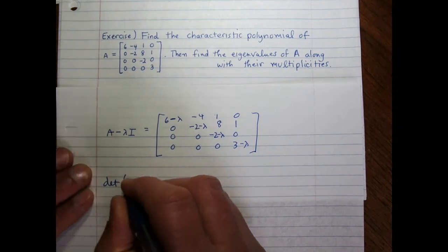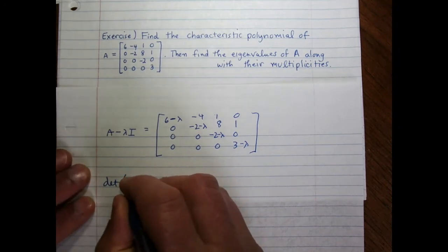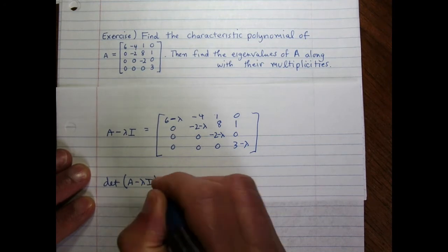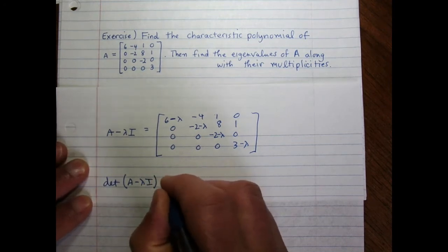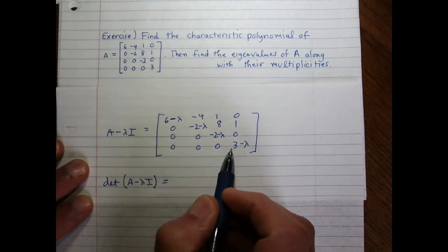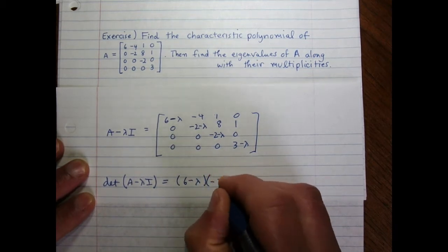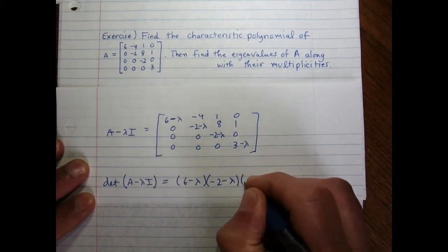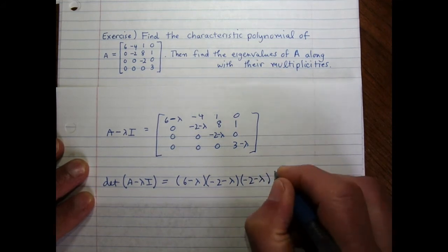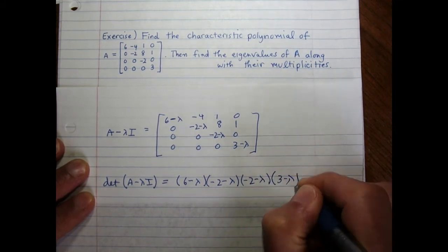So I still want to write out the characteristic polynomial, which, because this is triangular, we know it's going to be the product of the entries along the main diagonal.